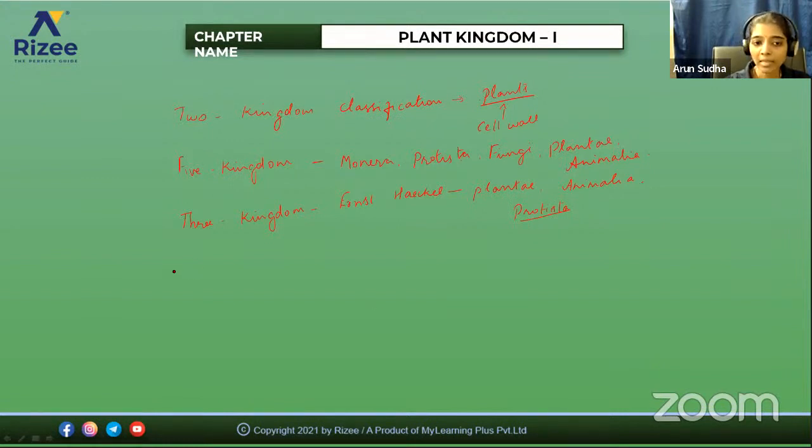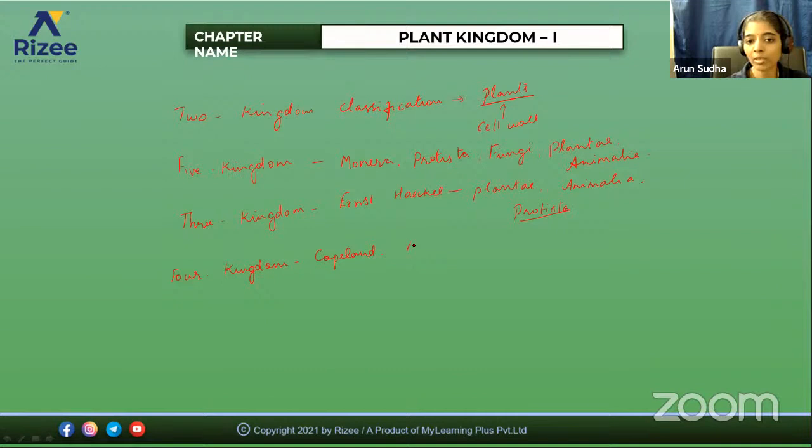But then comes another scientist, Copeland. He did the four kingdom classification. What he did, he divided this Protista into two, that is Monera and Protista.